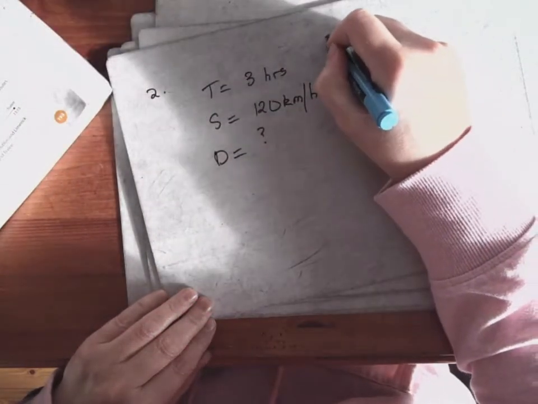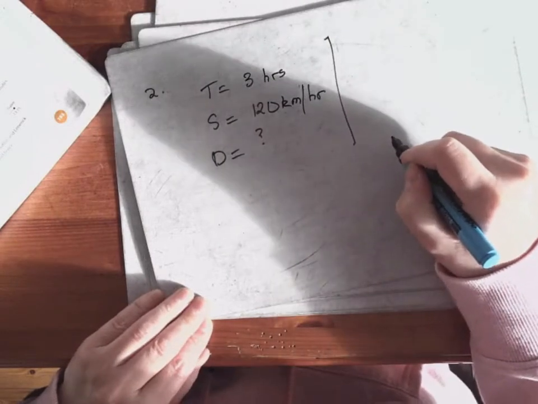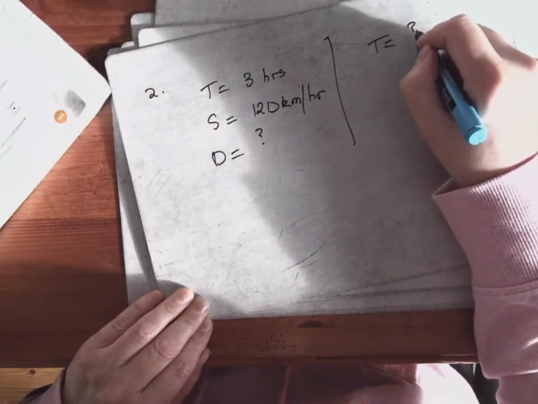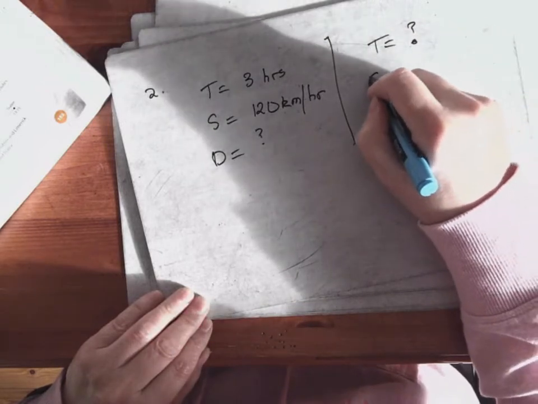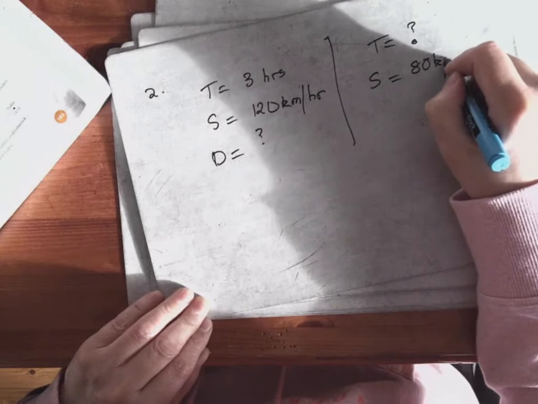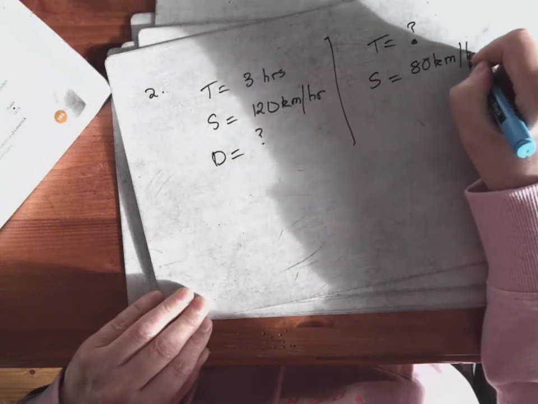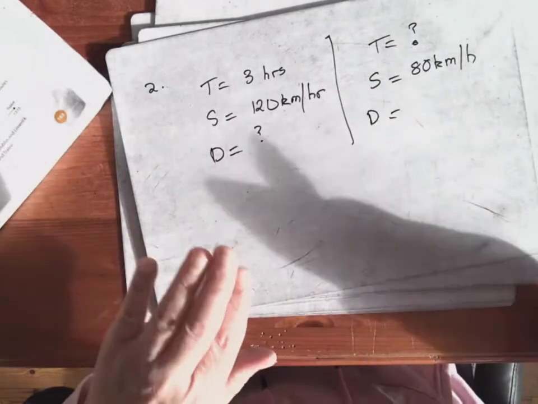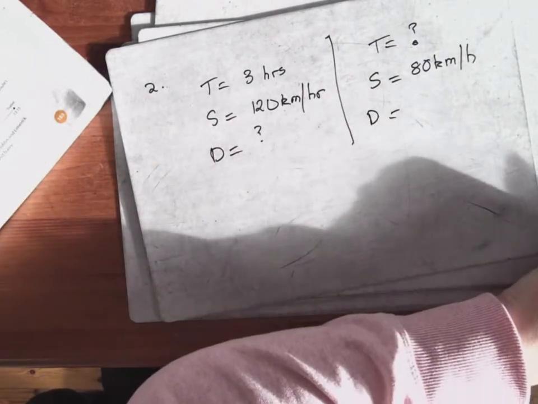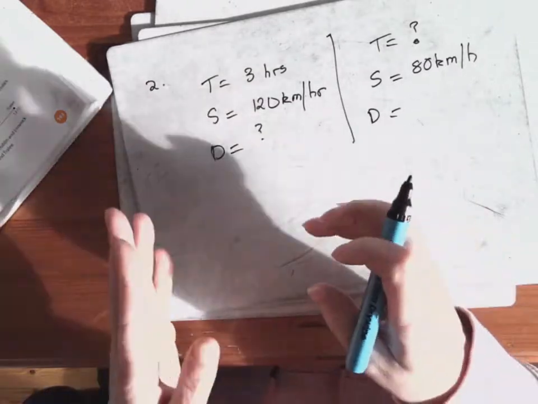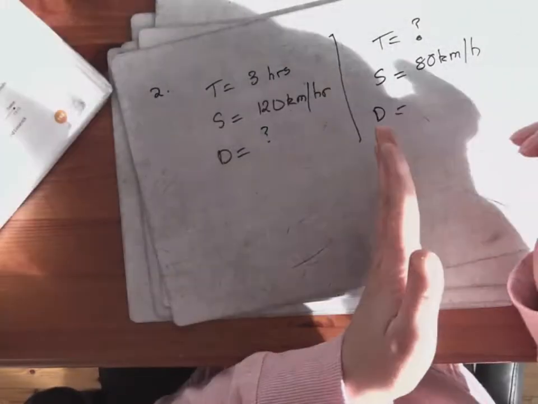Then we're going to do the same journey again, this time we're missing time. We know the speed, they told me it was 80 kilometers per hour, and it's going to be the same distance. So it's like 2 sums in 1. I'm going to get the answer for the first bit and then use it to do the second bit.